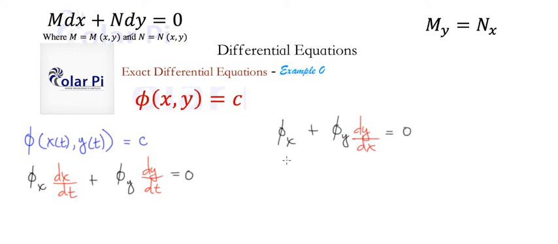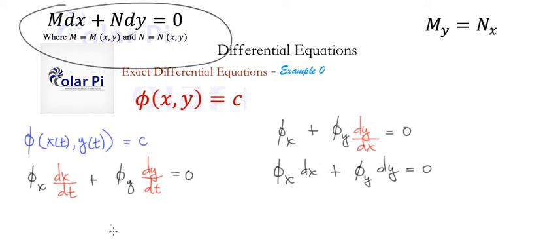Now look here. If we take this equation and multiply on both sides by dx, we get phi sub x times dx plus phi sub y times dy is equal to 0. This explains where this form came from.